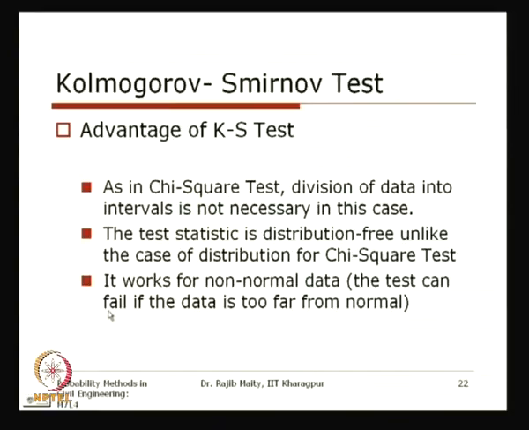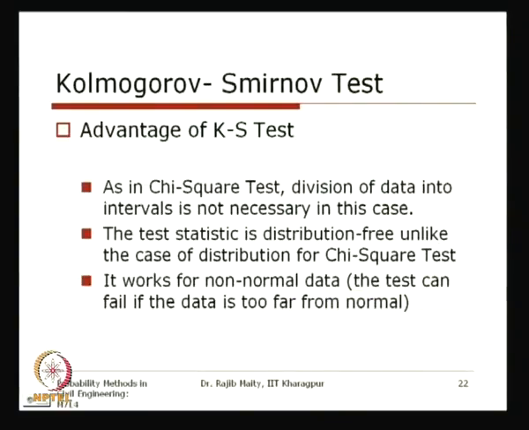However, the test can fail if the data is too far from normality. There is no restriction that the data should be approximately normal, but to get a better result, the data should be somewhere near normality. That is why the KS test is very frequently applied to test whether the data follow the normal distribution or not. That is where the maximum application of this KS test has been found.